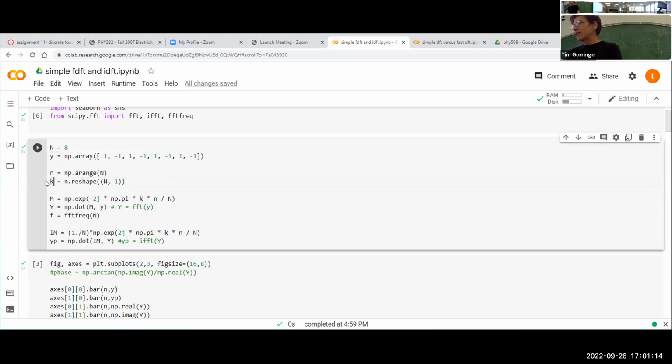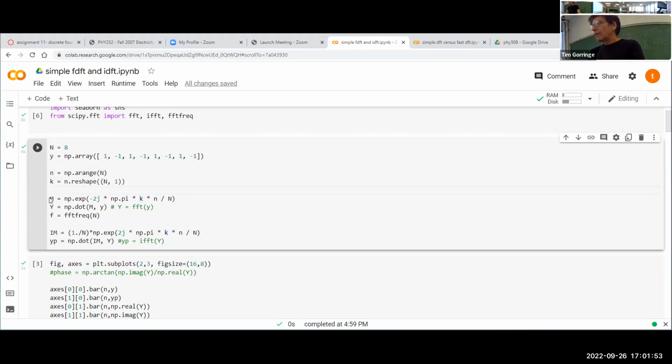Lowercase k does the same, but one's a row vector and one's a column vector, so I can multiply them together when I form the matrix elements. So these pair of lines just have a column vector and a row vector that count over the indices of my time domain data and my frequency domain data.